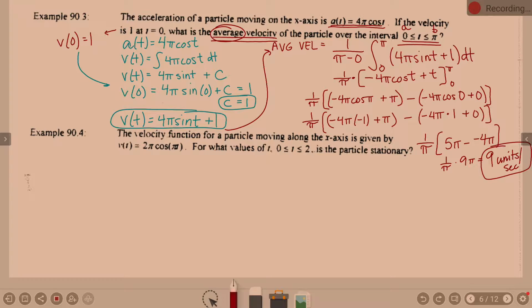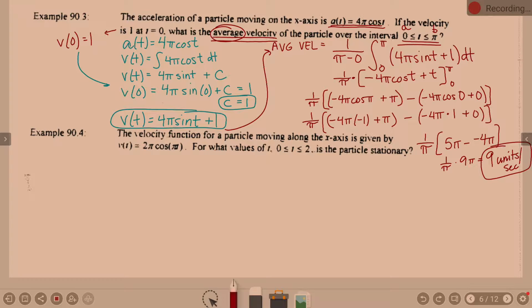Okay, example 4. The velocity function for a particle moving along the x-axis is given by v of t equals 2 pi cosine pi t. For what values of t is the particle stationary? So we need to find the zeros. When is a particle stationary?